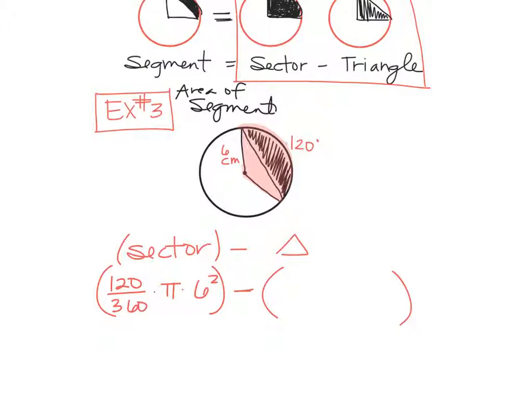No. How about the SAS setup? If this is 6, then the other radius is 6. What's the angle in between? It's 120, right? Whatever your arc is, your angle is the same. So I can do that SAS setup with those 3 numbers very quickly.